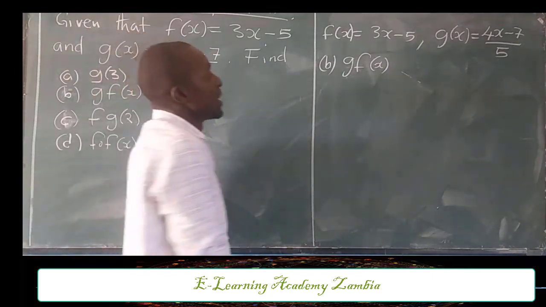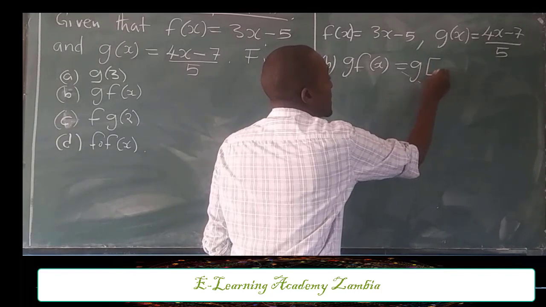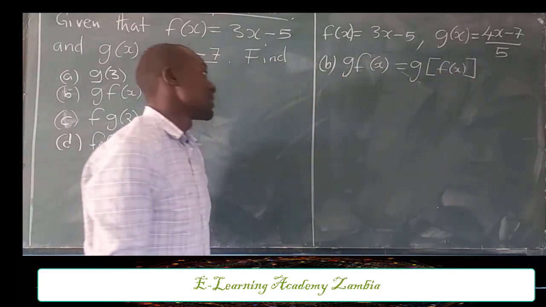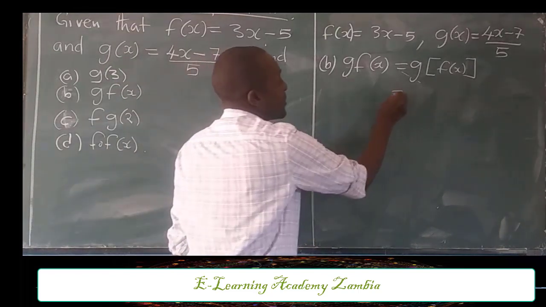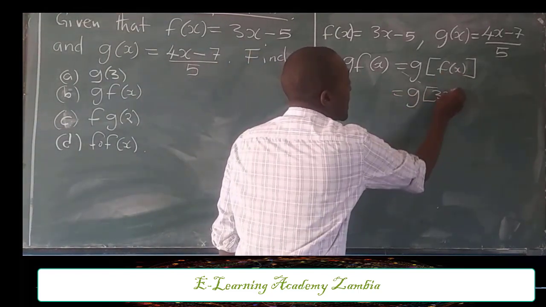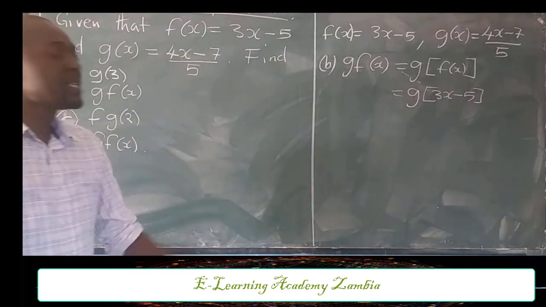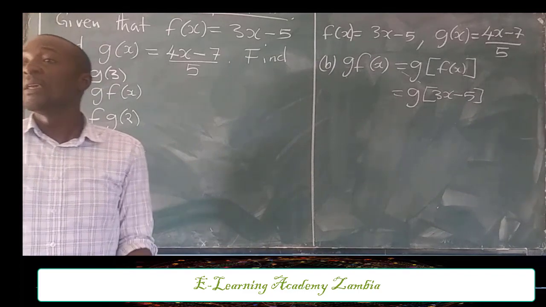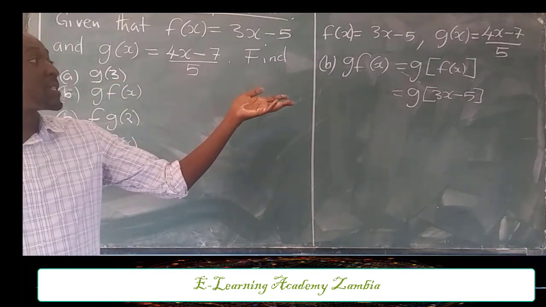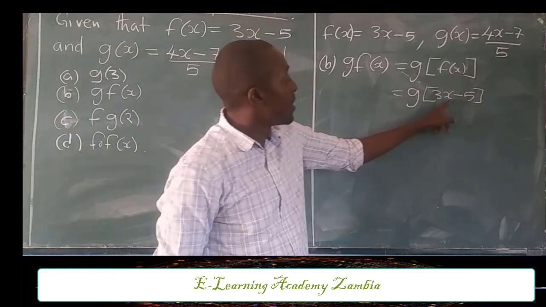Now this one can also be written as g, then you put brackets, f of x. Like this, and then you are going to have g of f of x, which is 3x minus 5. Now when you reach this stage, where we replaced x with 3 in the function for g, this time we don't have 3, we have this function here.